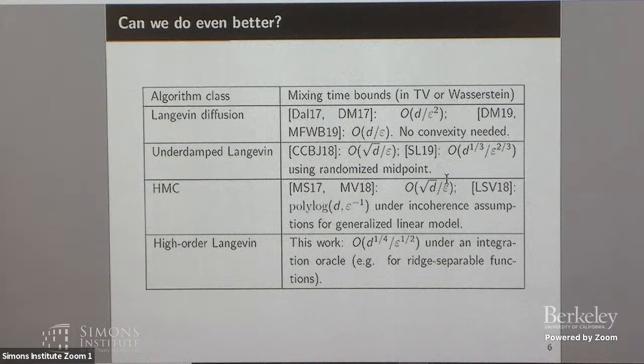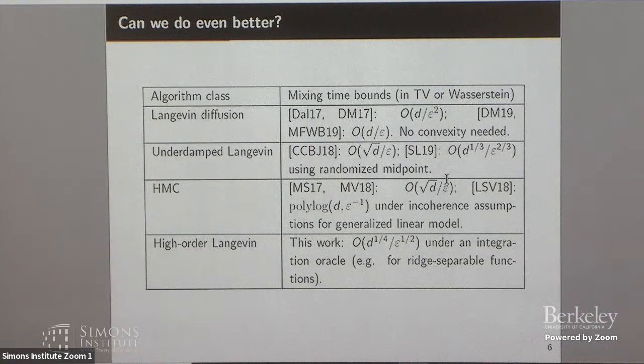And there's Hamiltonian Monte Carlo, which gives you results of a similar form as the underdamped Langevin diffusion, which is reasonable. And also there's work by Santosh and co-authors, which imposes stronger assumptions. Basically, they consider a generalized linear model where the data are somehow mutually incoherent.